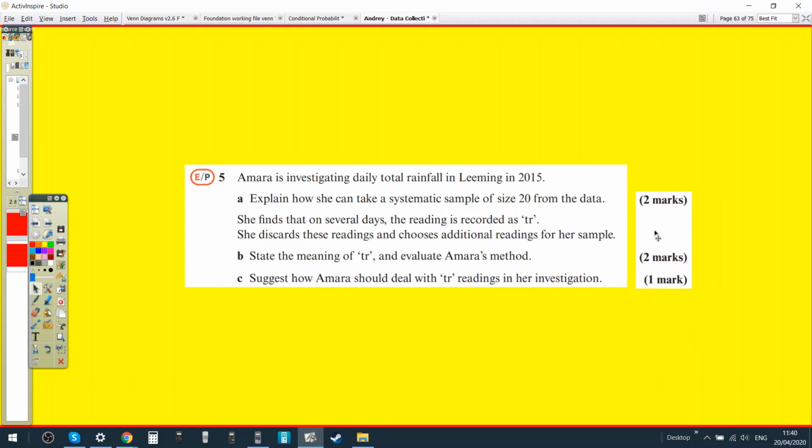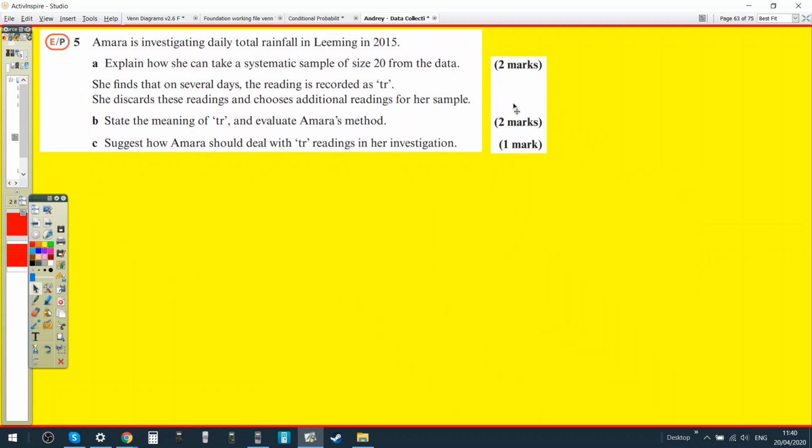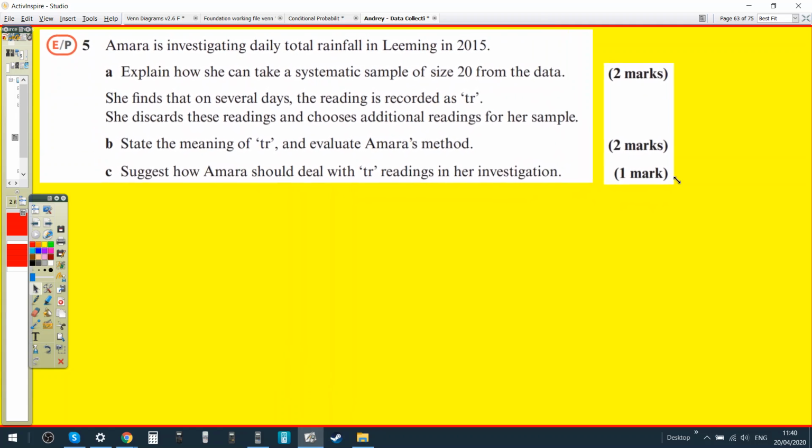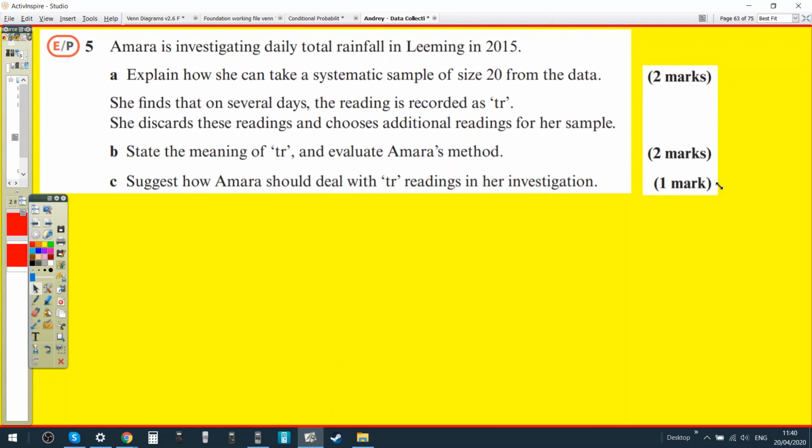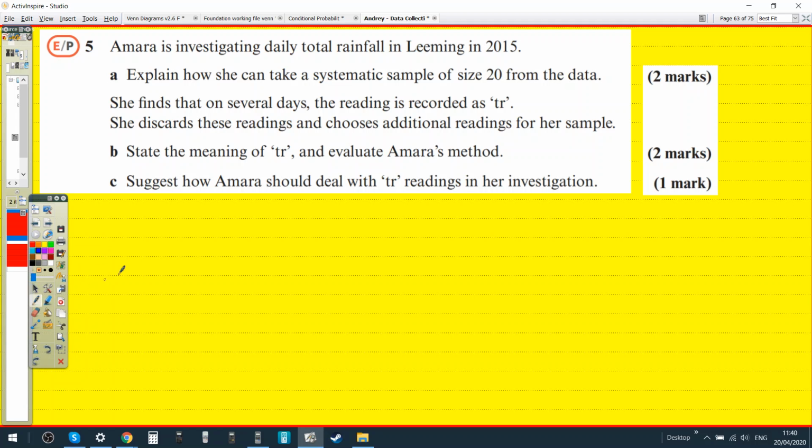Let's see this one. Okay, how about this? Is that just doing 20 days of rainfall and leaving it? But which 20?